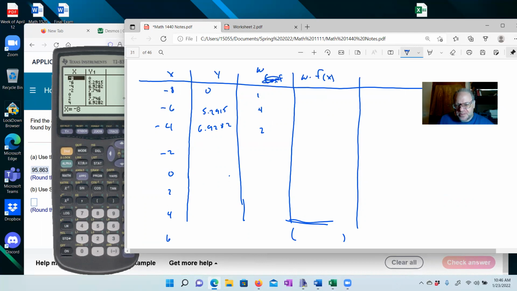This is still correct. At -2 we are at 7.746. It's a 4. Okay, 0 is 8. That's a 2. Now we are back to 7.746. That's up to a 4 again.